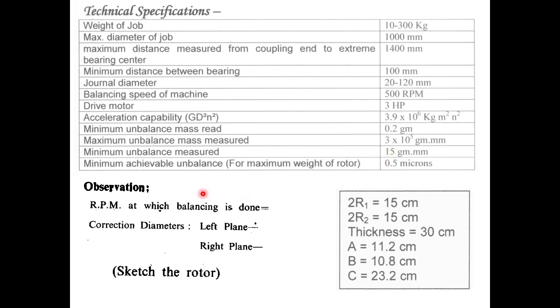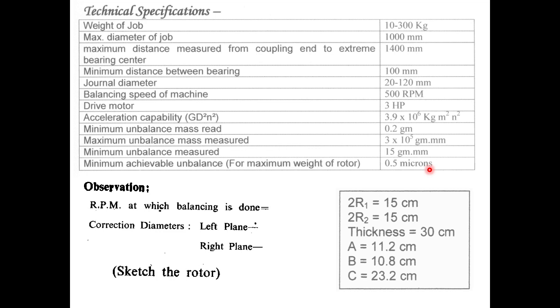So, maximum achievable unbalance. This is in microns. What is this micron? Maximum achievable unbalance.